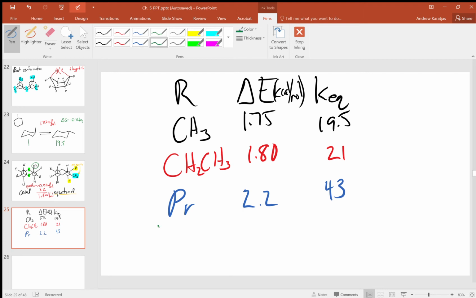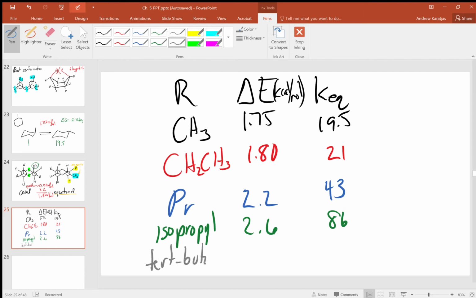But it's when we start to get to things like an isopropyl group. Isopropyl is a lot bigger. We're now up in the neighborhood of 86 to 1. And finally, with a tert-butyl group. If you want to see how these behave, probably the best thing to do is to put each of these groups together and put them on your cyclohexane chair conformation and look at how much steric hindrance is caused by the methyl versus the ethyl versus the isopropyl and tert-butyl.